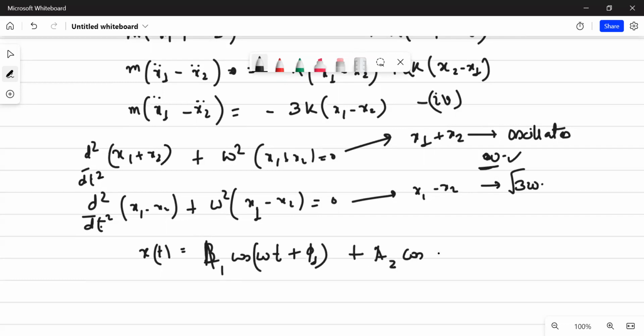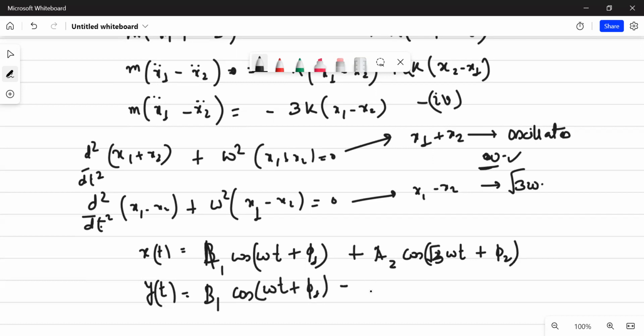This will be cos(root 3 omega t plus phi 2), and you write y as a function of t. This will be like b1 cos(omega t plus phi 1) minus b2 cos(root 3 omega t plus phi 2).